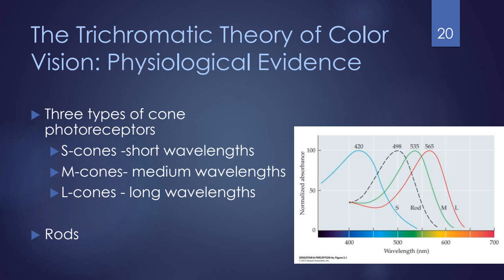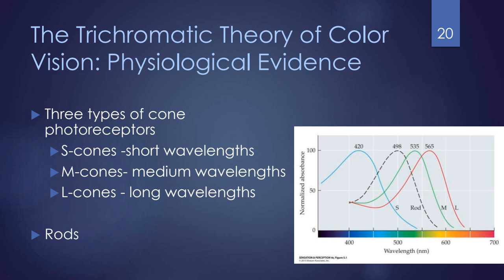So the retina contains 4 types of photopigments. We originally learned that there were 2 types of photoreceptors, rods and cones. That's still true. But when we start to talk about color perception, cones can be further divided by the wavelength that they prefer, which is determined by the type of photopsin they contain.